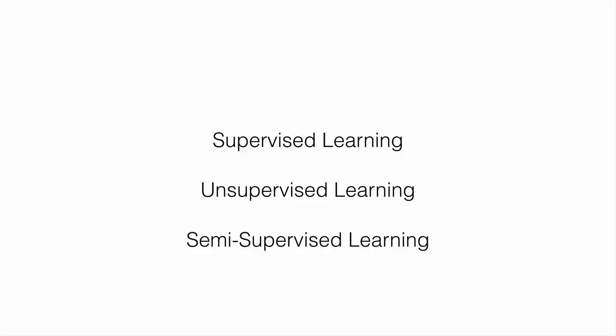Then we have this third component, semi-supervised, where we have a learning algorithm which takes help from both supervised as well as unsupervised. So to summarize, supervised and unsupervised are the main categories of machine learning, and semi-supervised takes from both of these.